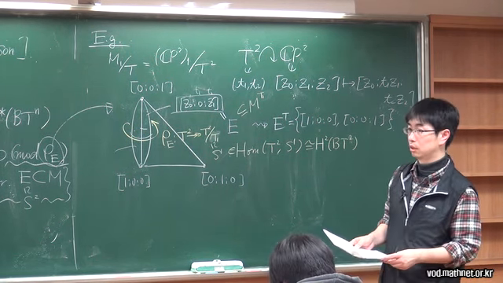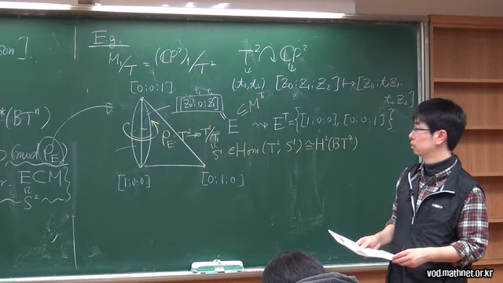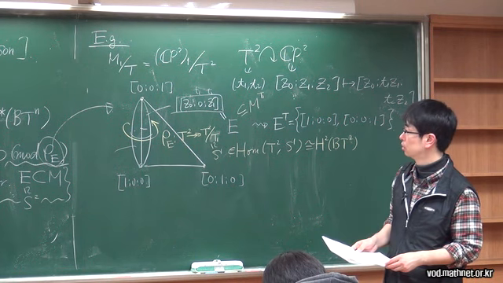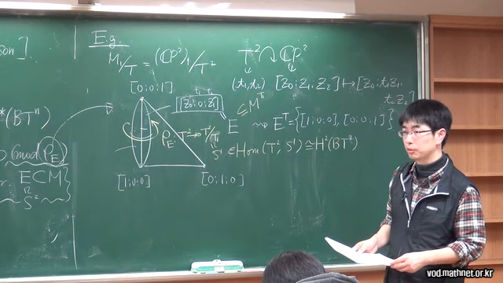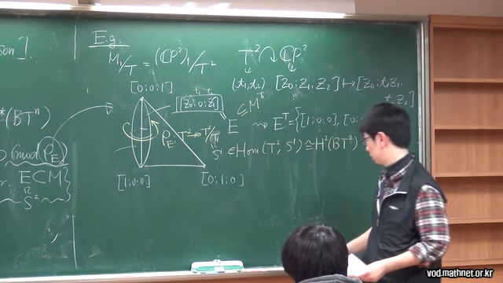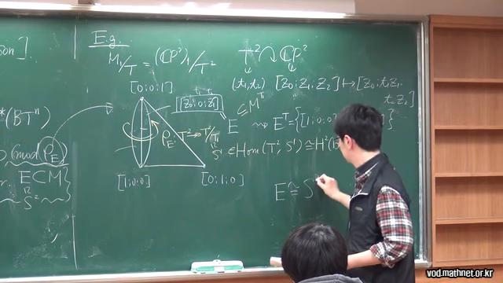Rho E. So this E is S of rho E plus R. E is a sphere, right? Yes.